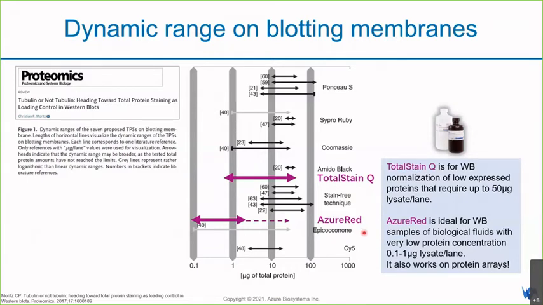AzureRed, on the other hand, is very good for biological fluid with very low protein concentration, 0.1 to 1 microgram lysate per lane. And it also works on protein arrays as well. So this is how you choose your total protein stains based on dynamic range.